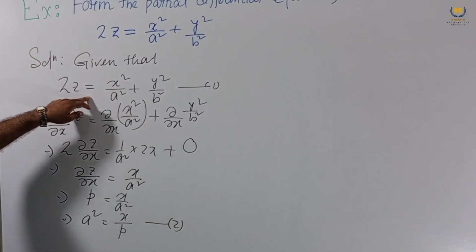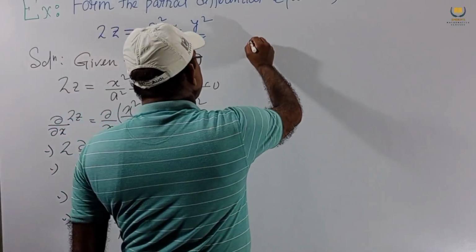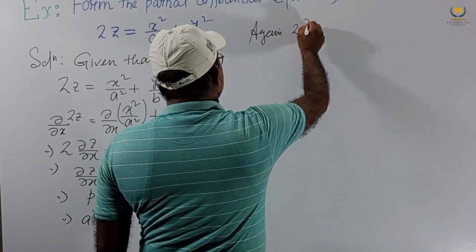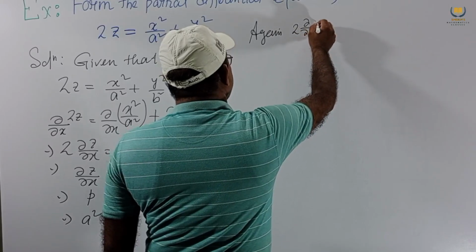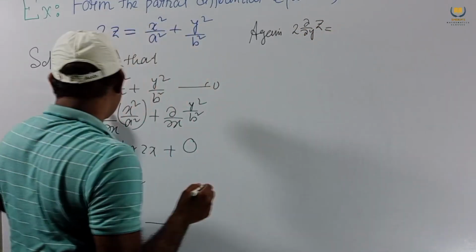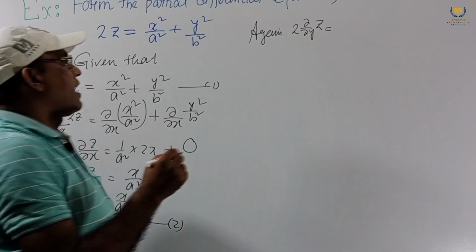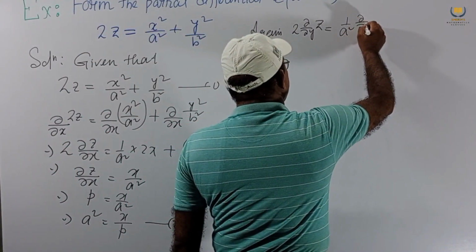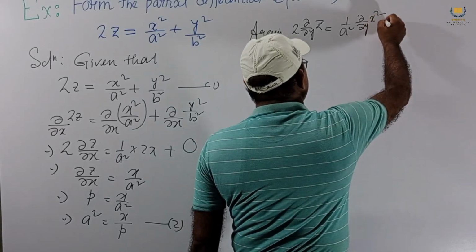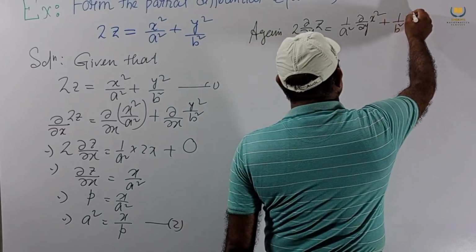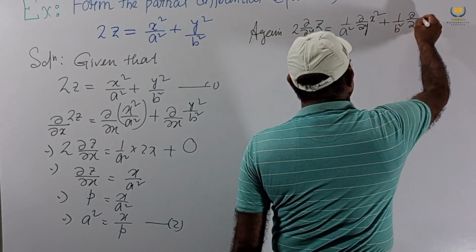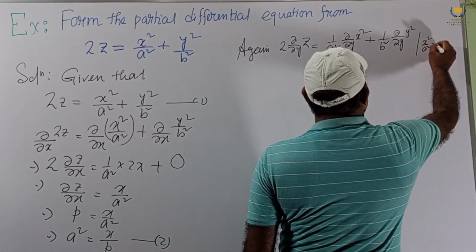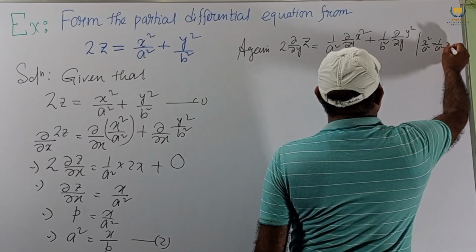Again we differentiate partially with respect to y. 2 del z by del y, 2 is constant, directly taking outside, and 1 by a square is constant, del y of x square, 1 by b square is constant, del y of y square, because x square by a square we can write as 1 by a square into x square.